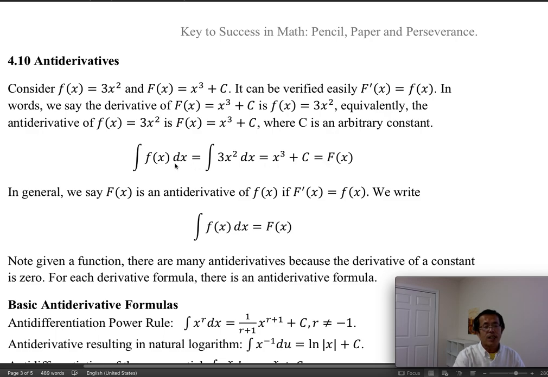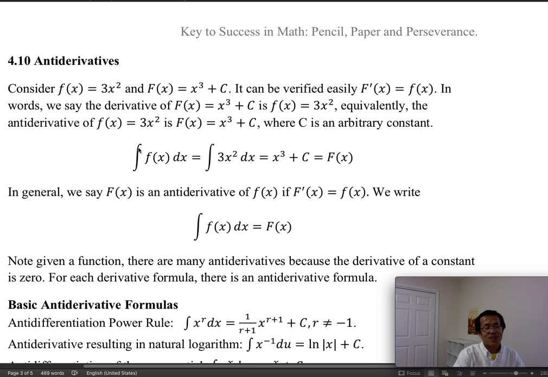Okay. And another thing to mention, this integral sign. I say this integral sign really is for the English letter S. And very soon you will see an integral, indeed, is a sum, and an antiderivative is the integral.